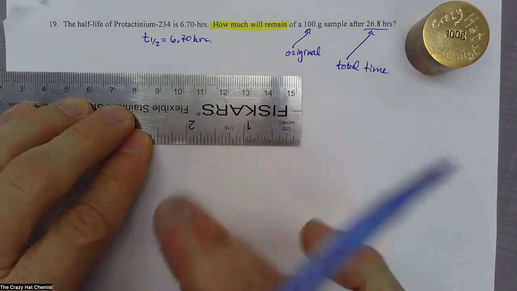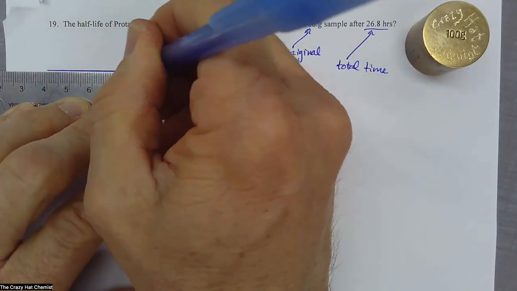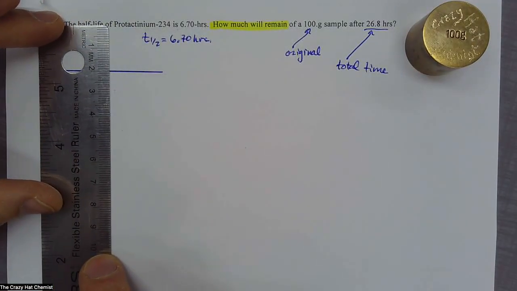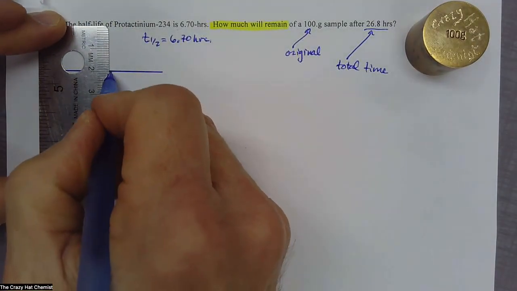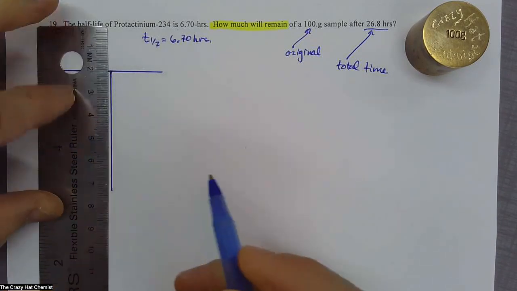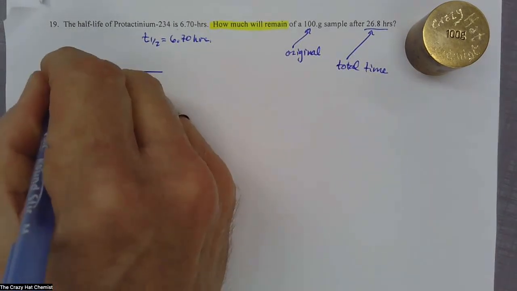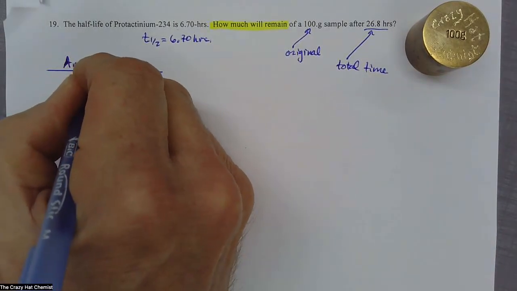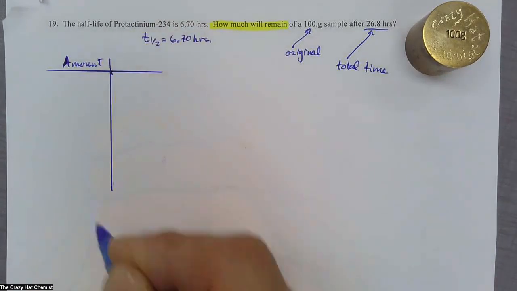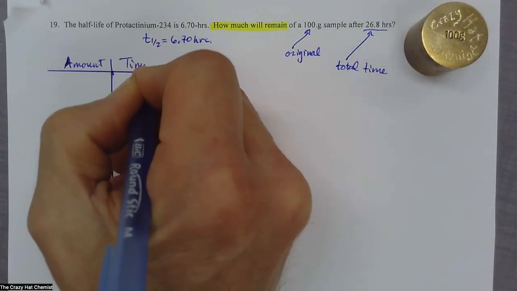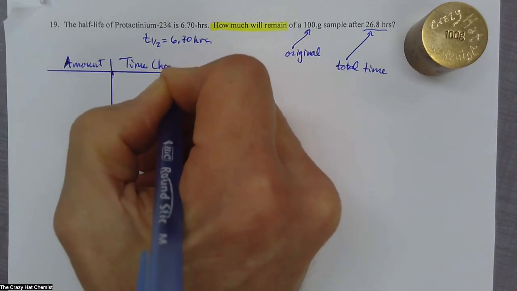On one side of the T-chart is the amount, not unlike what we did before. And then the other side is going to be time, and this is going to be in hours.